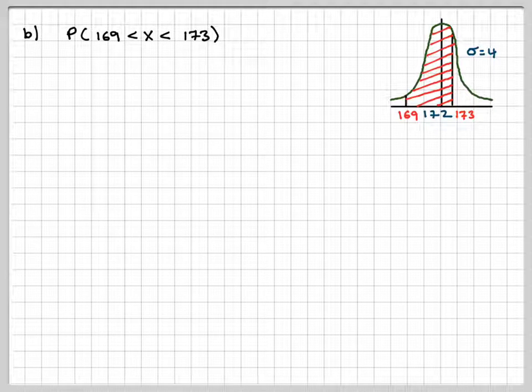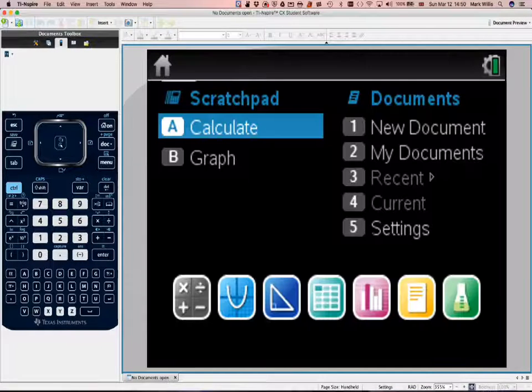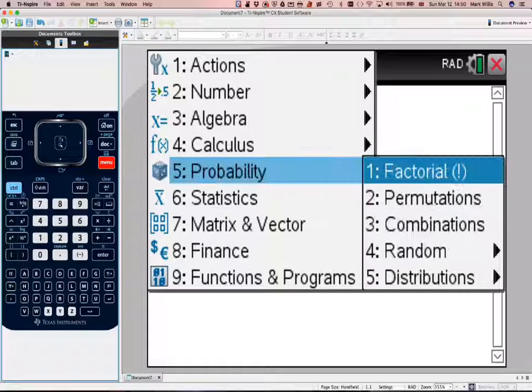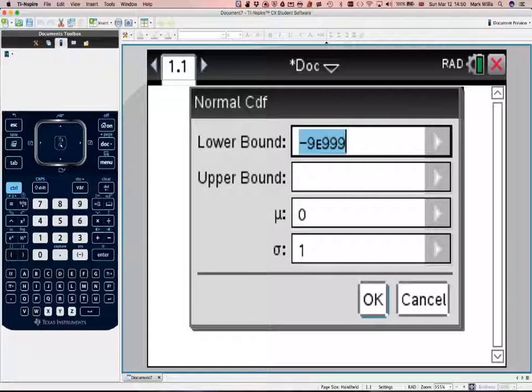So going to my GDC, in order not to get confused, I'm just going to do a new one. So calculation mode, menu, 5 probability, 5 distribution, CDF, and I need to put in the lower bound now, 169, and the upper bound, 173.